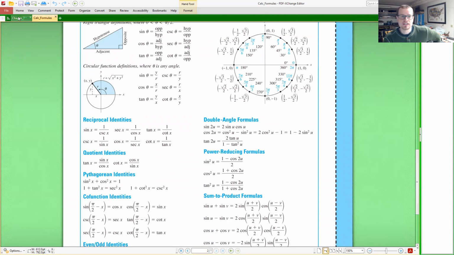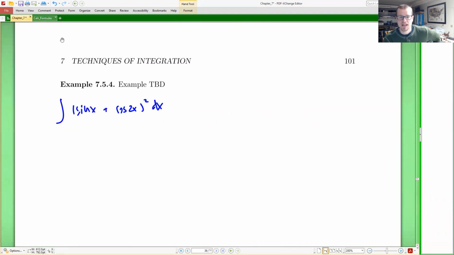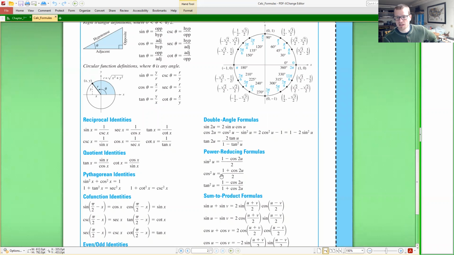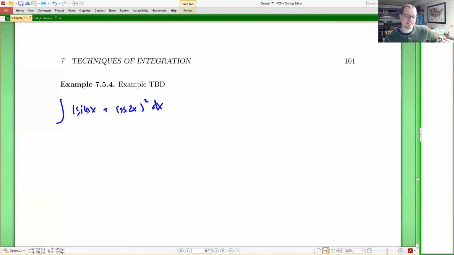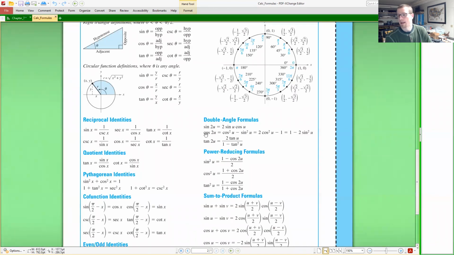So in this case, cosine of 2x has many different forms. Cosine of 2x can be written as cosine squared minus sine squared, 2 cosine squared minus 1, or 1 minus 2 sine squared. Now, this is sine, so I might say, let's make everything sine just to start off. No real good reason other than that's what I'm choosing.